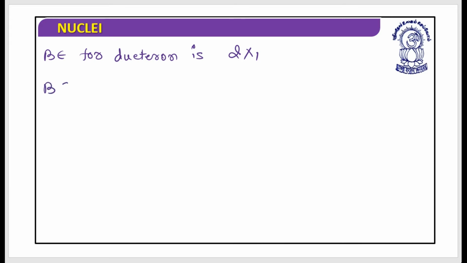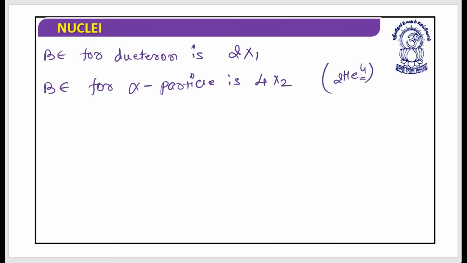Yes. And in the same way, binding energy for alpha particle is 4x2 because it's 2He4. Yes, 4 multiplied by x2.